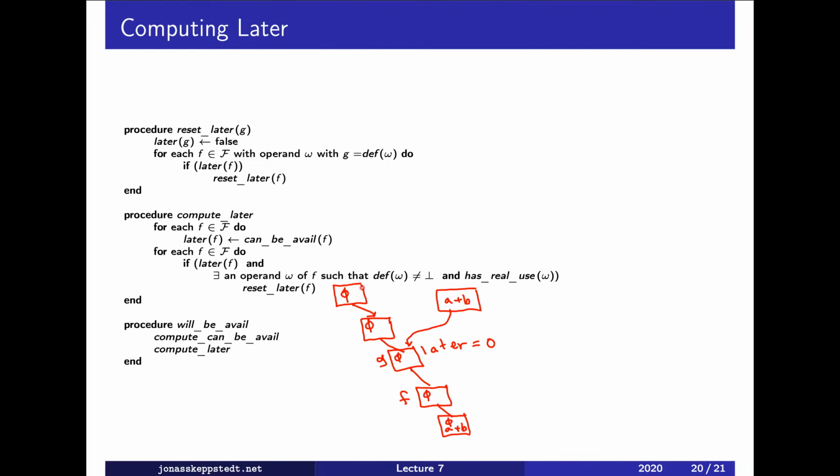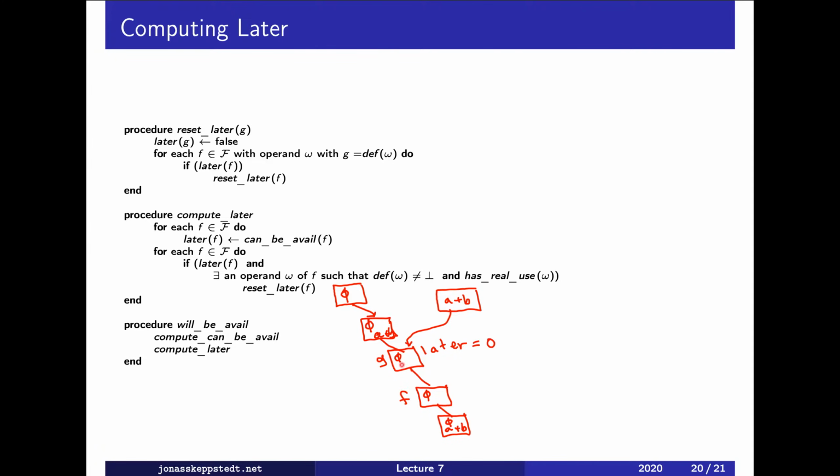So here we can say that these have no real use, and here as well, and therefore we can do it later. But when we come to this one, that operand has real use, so we must insert the expression for this operand. That means at the end of this basic block.